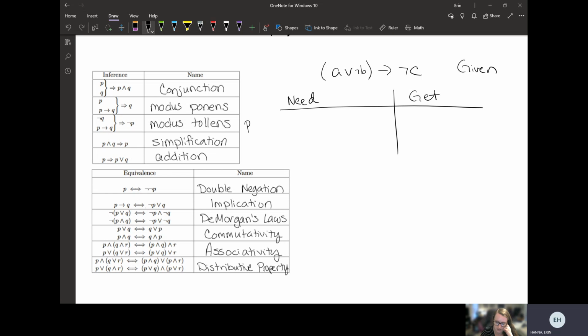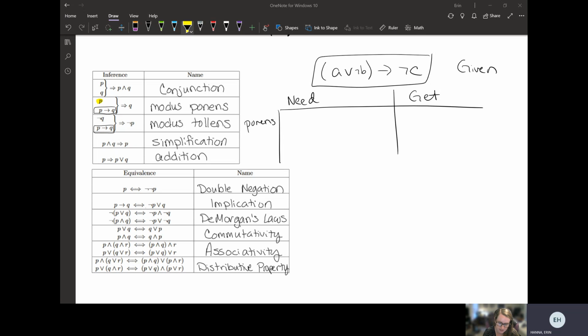So if we look at modus ponens first, well, what do I need for modus ponens that I don't already have right here? So I have the implication already. So I know that I have the implication in each piece, so I just want to look for the thing that I need besides the implication. Well, in modus ponens, I would need P. So I'd essentially need the hypothesis of the implication.